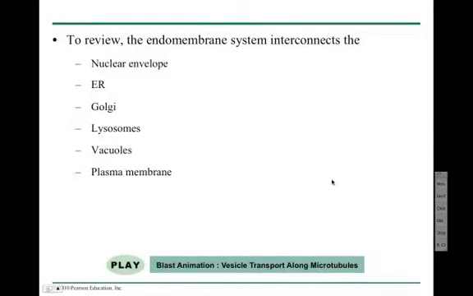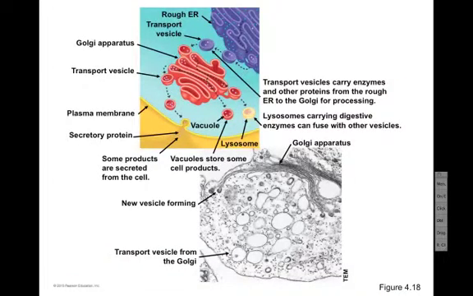So the endomembrane system interconnects all of those listed. And the animation I will leave to you to review in the lecture online. And this picture is just pretty much showing what we've been discussing. Here's the rough ER.